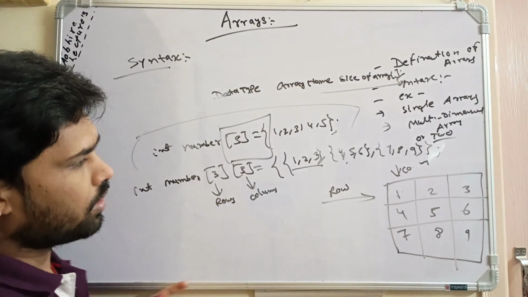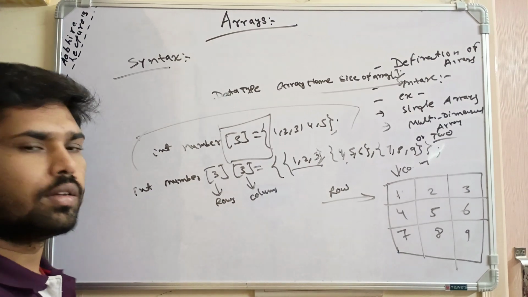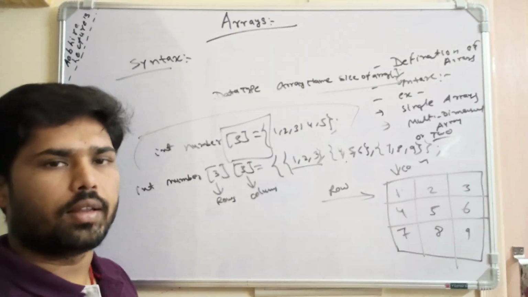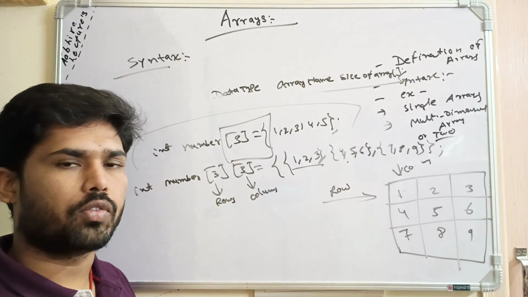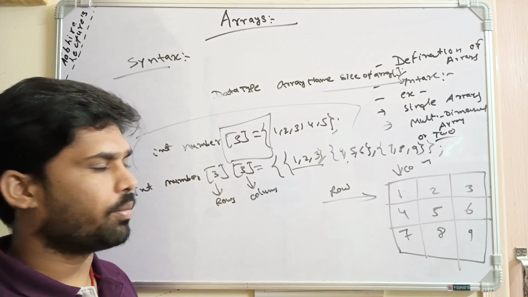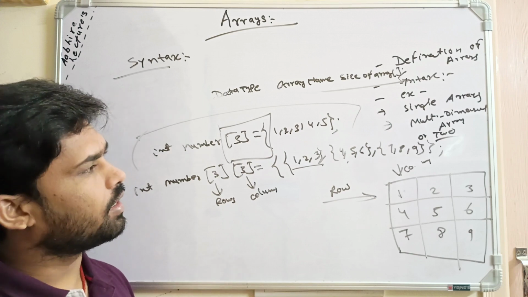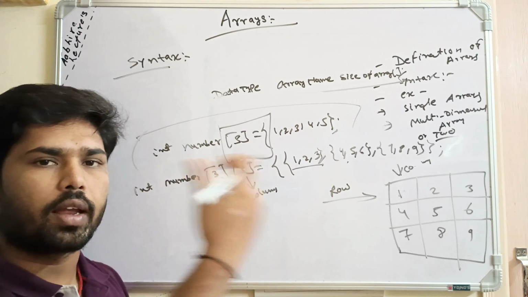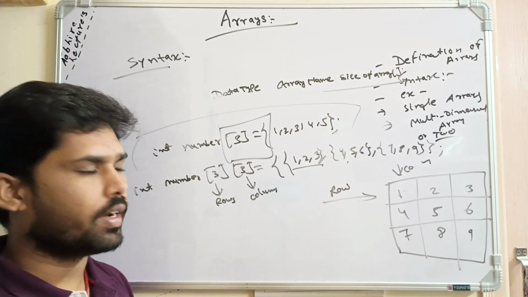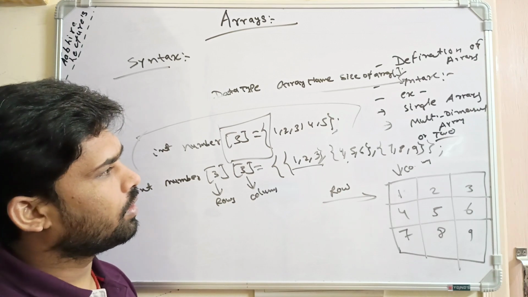So this is the general concept for arrays. These are the basics of arrays we have to know. After this, we will see how to declare single arrays and how we can access the elements.